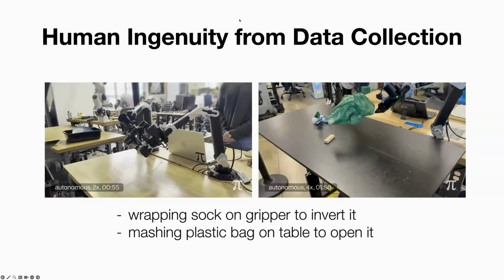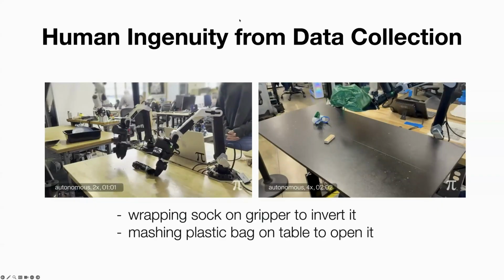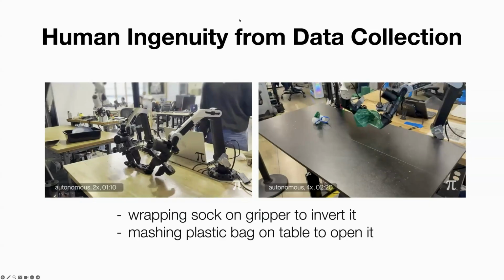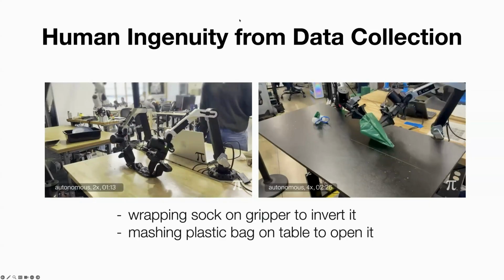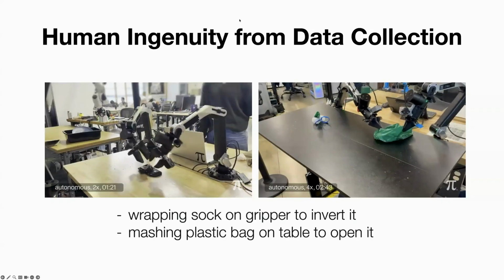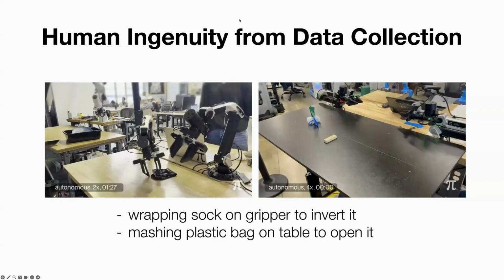It could also mash the plastic bag on the table to open it, again because it doesn't have a multi-finger hand. But these are really novel solutions, demonstrated by the demonstrators. So this is really human ingenuity.